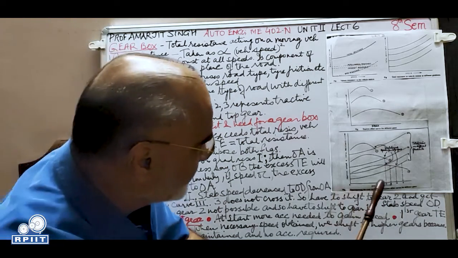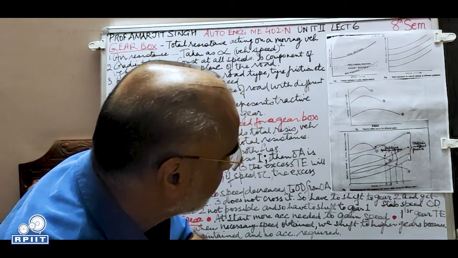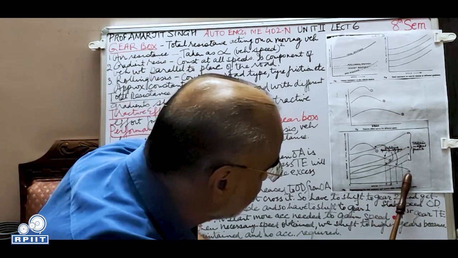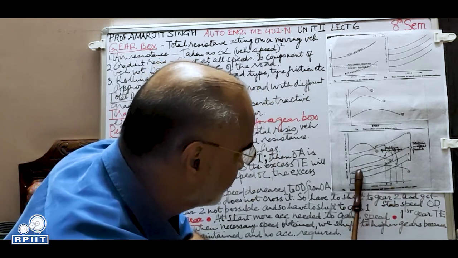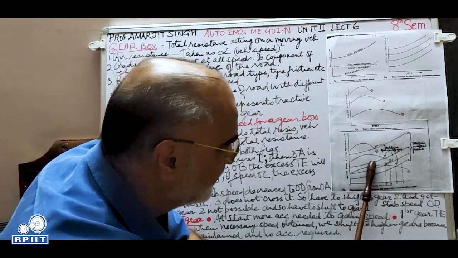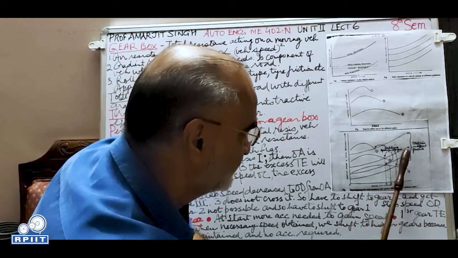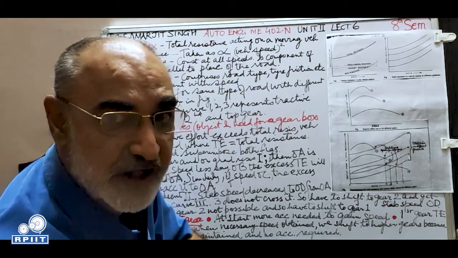Now we come to the next gradient 2, 3. Here we see that the tractive effort provided by gear 3 is less than the total resistance 3. So third gear will not work.